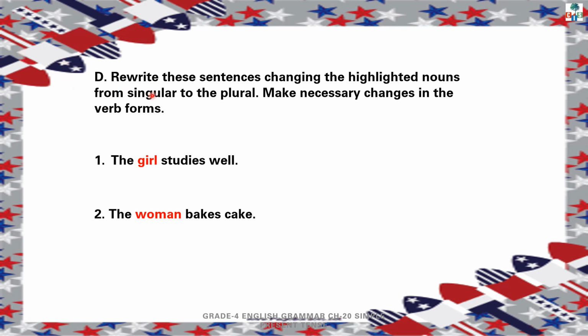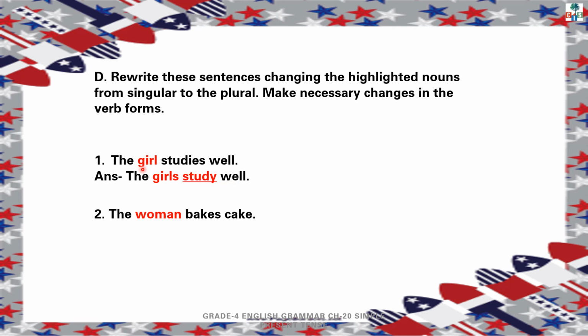Exercise D. Rewrite these sentences changing the highlighted nouns from singular to the plural. Make necessary changes in the verb forms. Number 1. The girl studies well. Now here children, the noun or the subject is in the singular form and the verb is also in the singular form. So you have to write the answer like this: The girls study well.